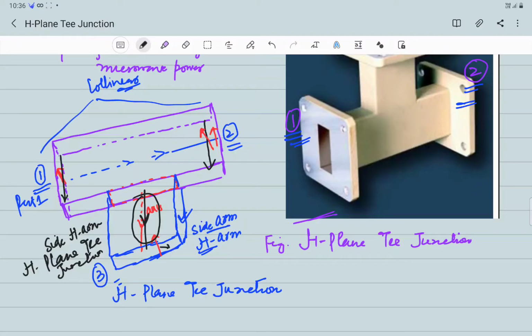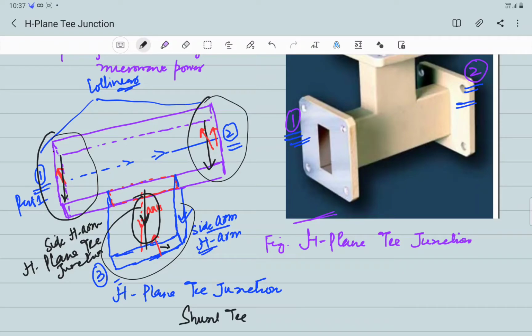That's why it is called as H plane T junction. Also all these arms lie in the plane of magnetic field. This H plane T is also called as shunt T or current junction.